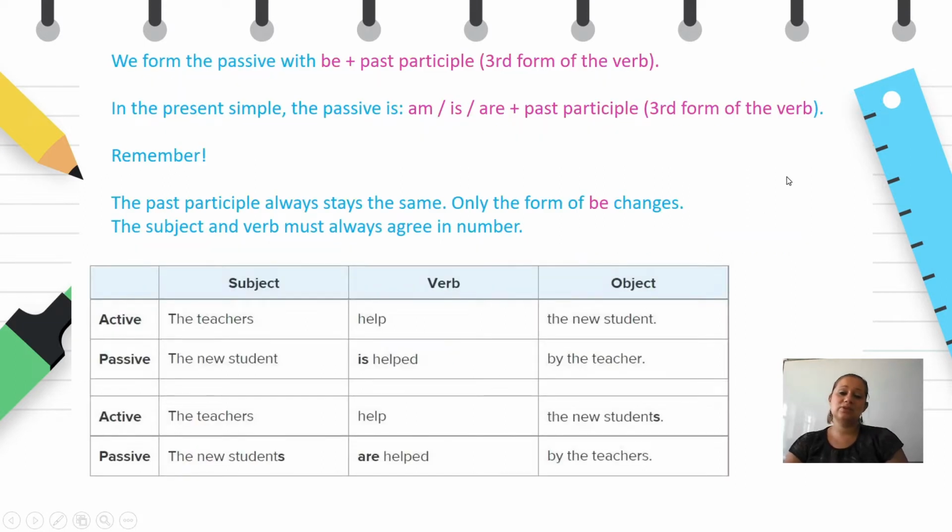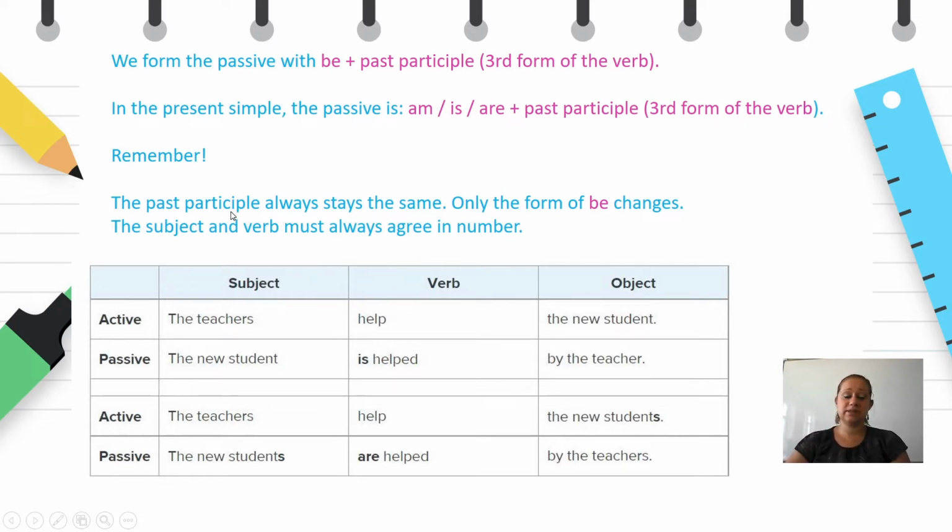Now, when it comes to the form, we need to know that the passive sentences are formed with the proper form of the verb to be plus past participle, or the third form of the verb. When we talk about the present passive, then we need to use the present tense of the verb to be: am, is, or are, depending on the subject or the pronoun, and then again we use the past participle, or the third form of the verb.